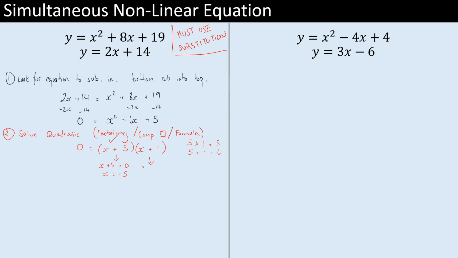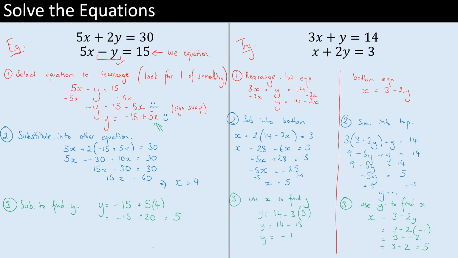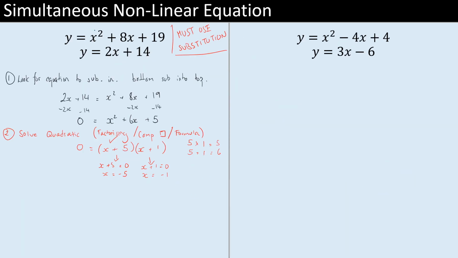And if this bracket equals 0, we'd have x plus 1 is 0, or x is equal to negative 1. Okay? So we've got 2 values of x, whereas before we only had 1 value of x. And that's because we have a quadratic equation involved. Okay? The quadratic means that we would normally get 2 solutions to this. Okay?